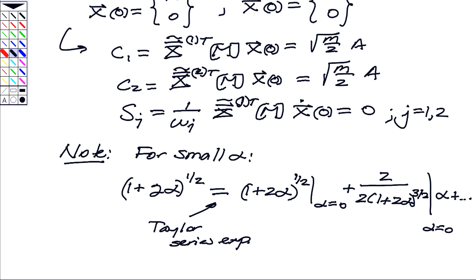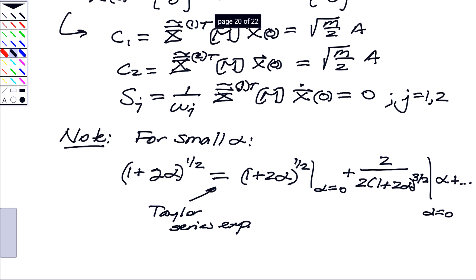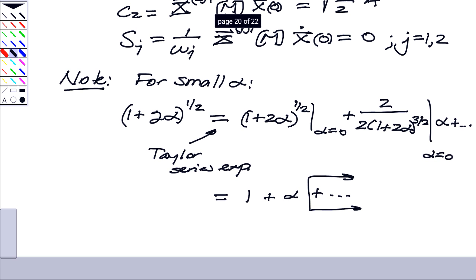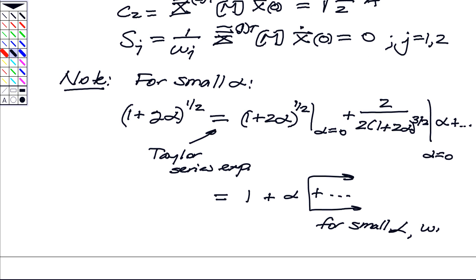But what I'm going to do is truncate that Taylor series expansion after the linear term. The first term that I left off is an alpha squared. So this ends up being 1. That's the first term. Next one ends up being an alpha, dot dot dot. And we'll say that for small alpha, we'll neglect.